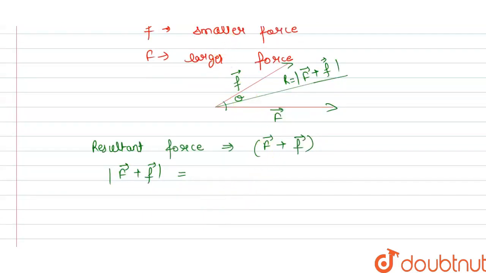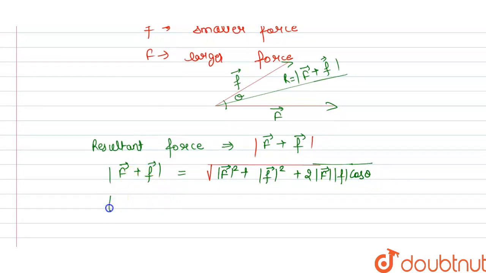So this is our resultant force. We take the magnitude, so we have to square and add. So we have F vector square, that is larger force square plus smaller force square plus 2 F f cos theta.